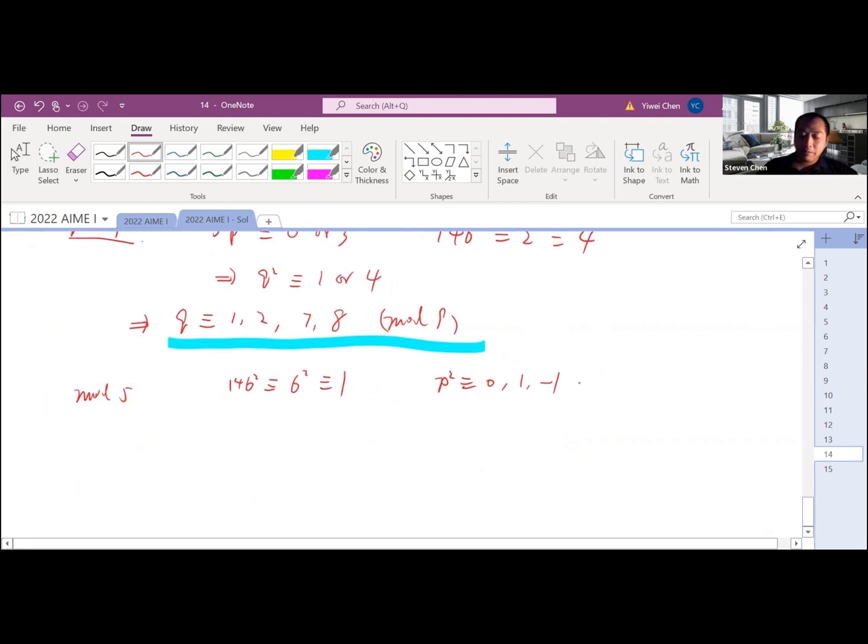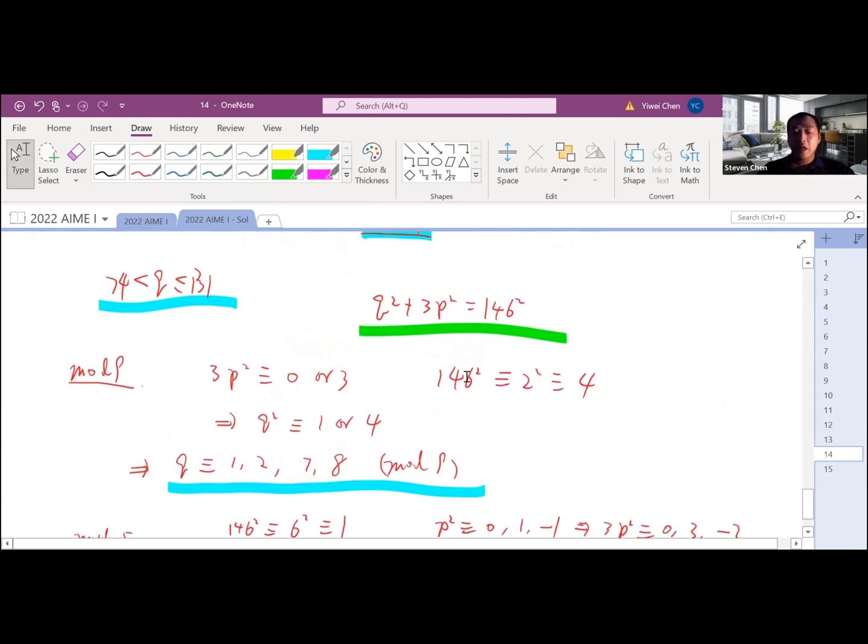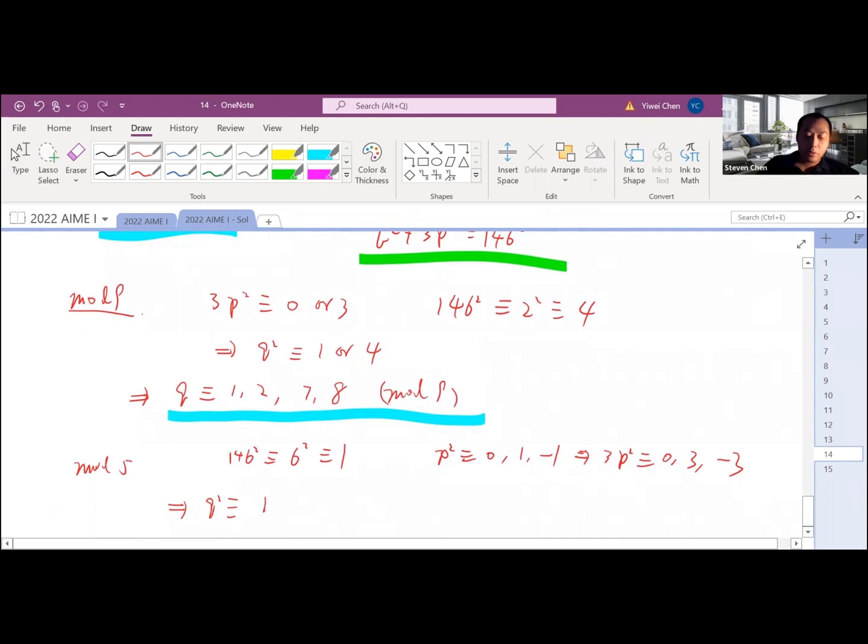So when it's multiplied with 3, it is congruent to 0, 3, or negative 3. Okay? All right. So that implies that to make this equation hold, we require q squared to be congruent to 1, 3, or negative 1.